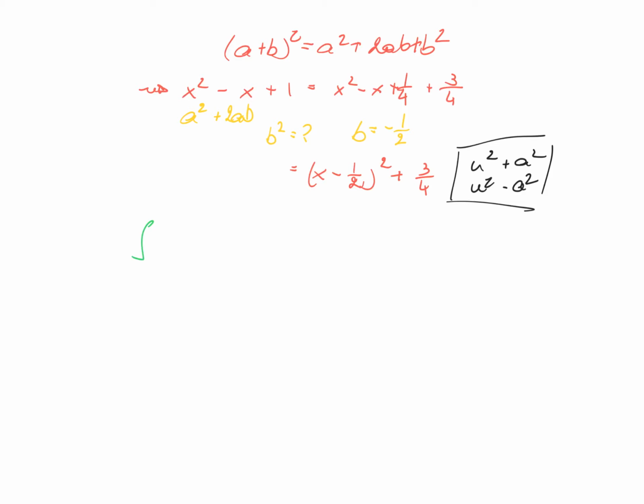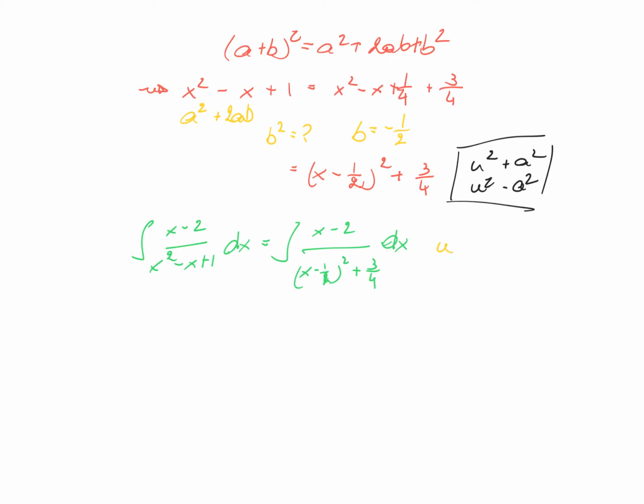Let's now focus for a moment on the subintegral, so only the integral x minus 2 over x squared minus x plus 1 dx. So we saw that this is x minus 2 over x minus 1/2 squared plus 3 over 4 dx.